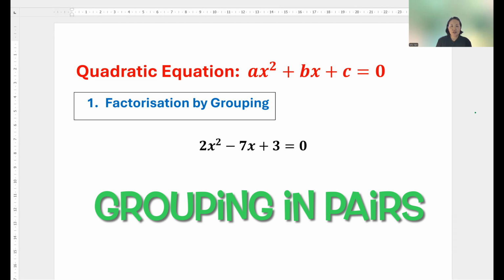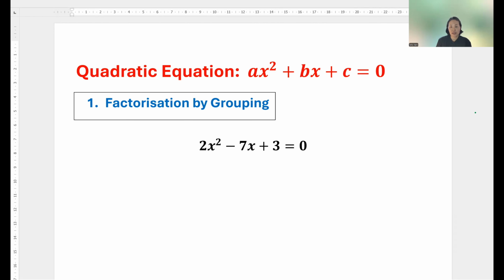So I'm going to first use factorization by grouping. First I need to split the middle term, which is minus 7x, into 2. Before I do that, I need to multiply the first coefficient and the constant together. When I do that, I'll get 6.